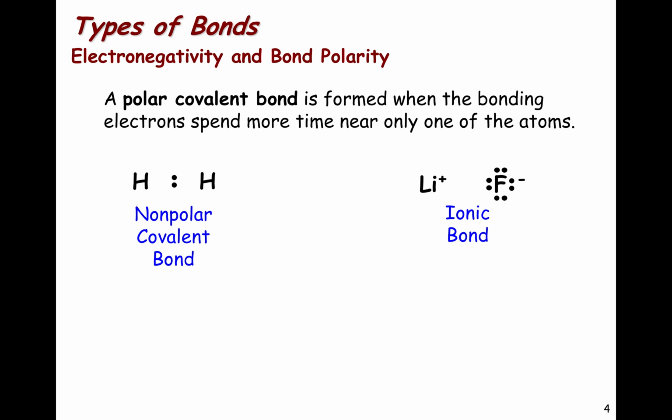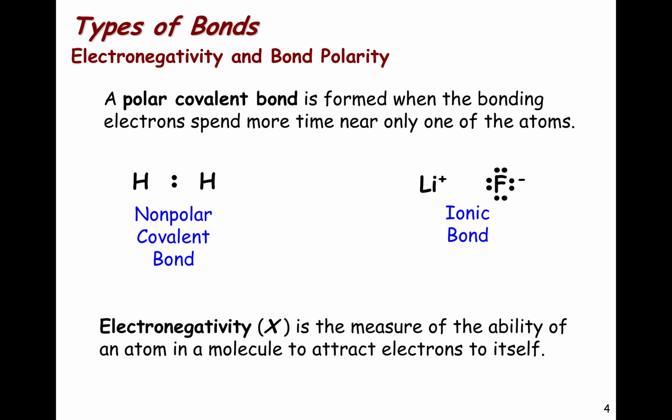The main force of attraction between these two atoms is purely electrostatic, where opposite charges cause the attraction. So the difference in the electronegativity values between the two atoms can be used to predict which one of these two extremes will be observed. But of course there are things in between, and we call these polar covalent bonds.